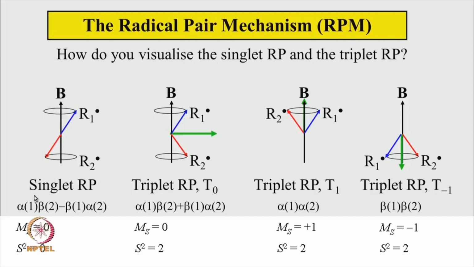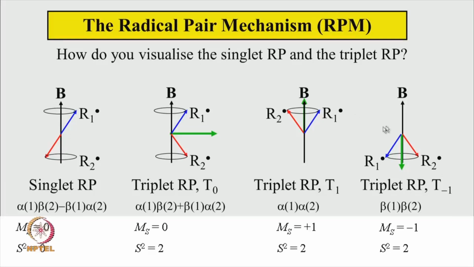When I say the radical pair has a singlet spin state, then they have this sort of wave function, alpha 1 beta 2 minus beta 1 alpha 2, net m_s 0 and net S squared is also 0. If you see here, these are exactly pointing in the opposite direction. So, there is no net z component in the direction of the magnetic field. This is therefore the singlet radical pair.